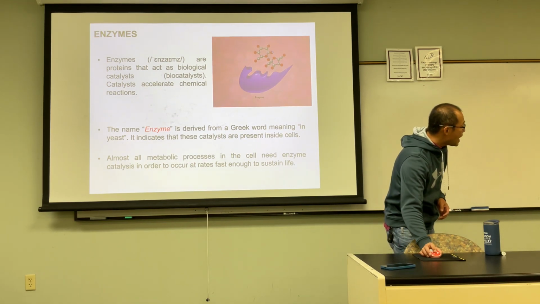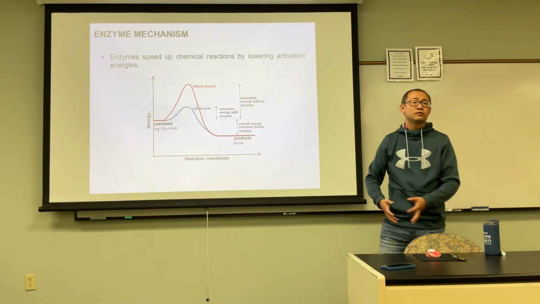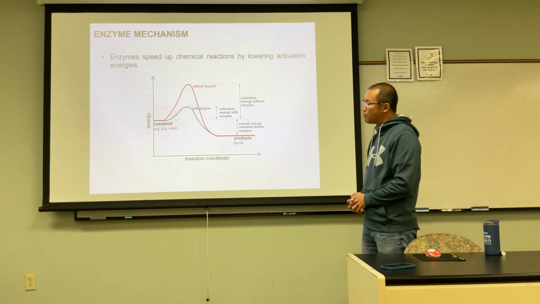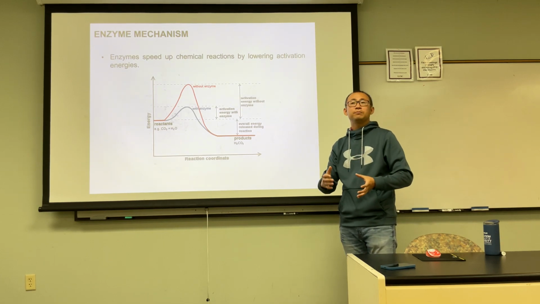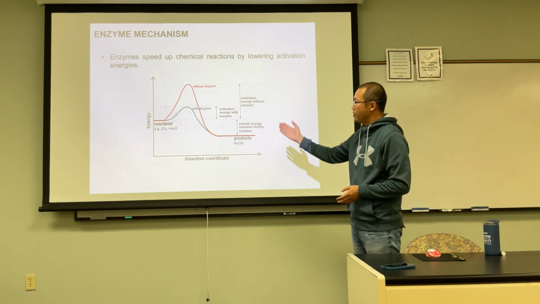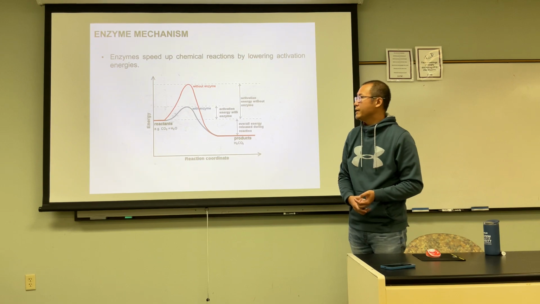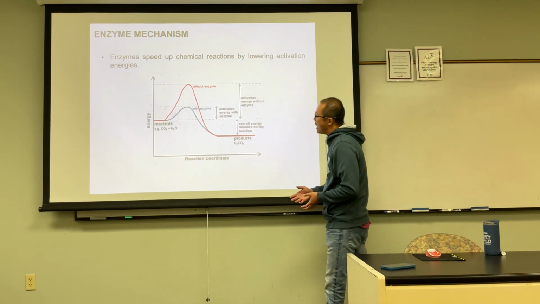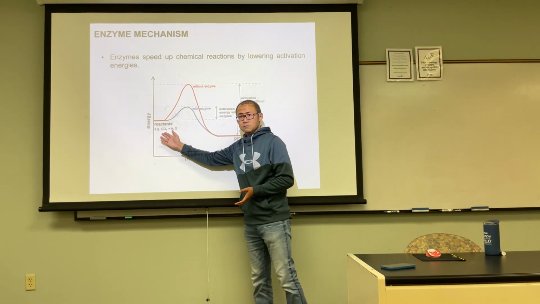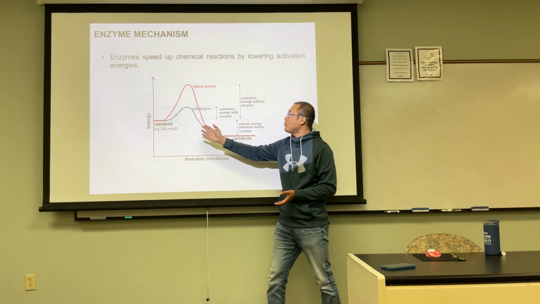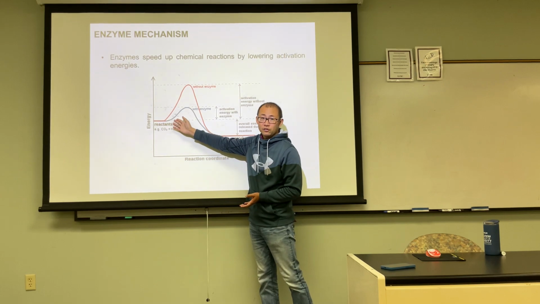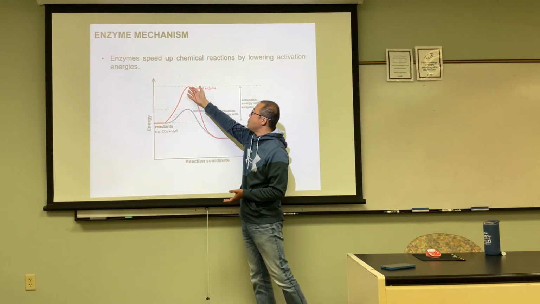Now, how does an enzyme or catalyst work? What is the basic principle of these molecules that speed up chemical reactions is shown on this chart. In order for a reaction to happen, reactants, in order to become products, they have to first have sufficient energy to overcome a barrier.